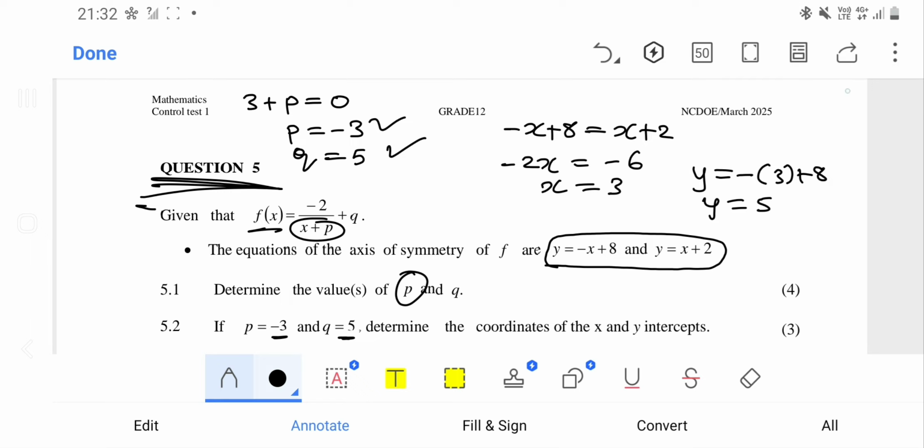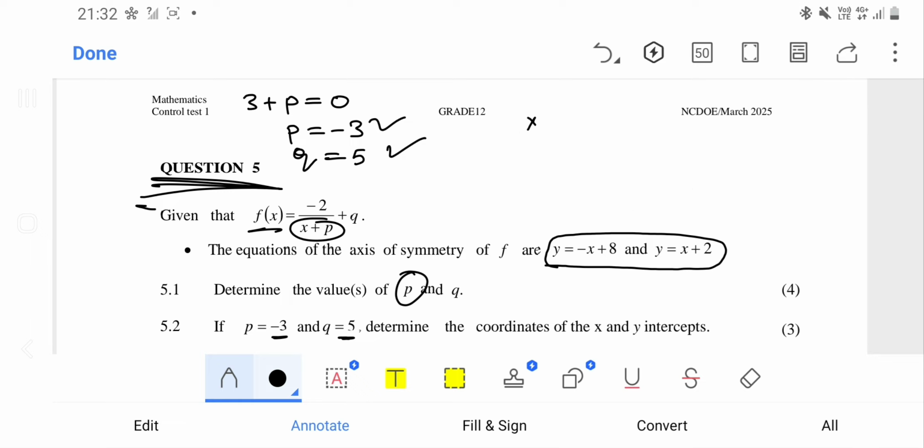So let's work out the x and y intercepts of f. With the x-intercept, we know that y is equal to 0, so 0 is equal to negative 2 divided by x minus 3, plus 5. We move positive 5 from the right hand side to the left hand side, we get negative 5, and then we cross multiply: negative 5 into x minus 3 is equal to negative 2.